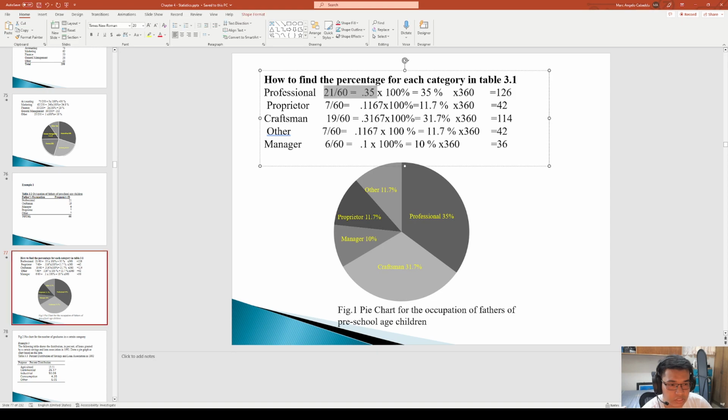So 21 over 60, you get 35%, or what's 35% of 360 degrees? That should be 126 degrees. If you have a protractor, you can measure the degrees exactly and cut the pie exactly. That's 126 degrees over 360 degrees, that's 35%. And you should do the same steps with the other categories.